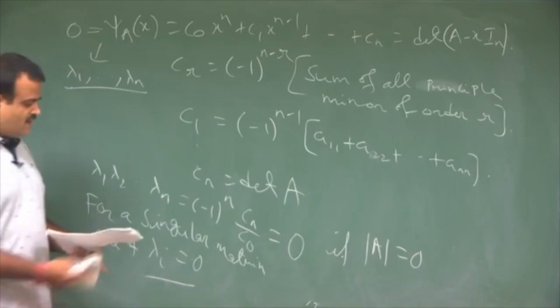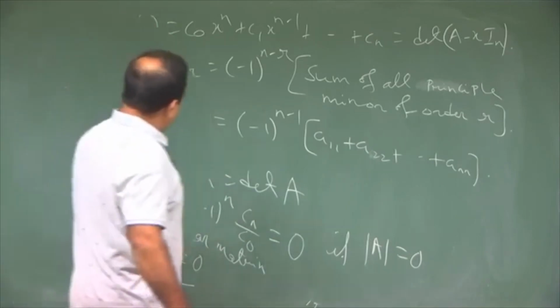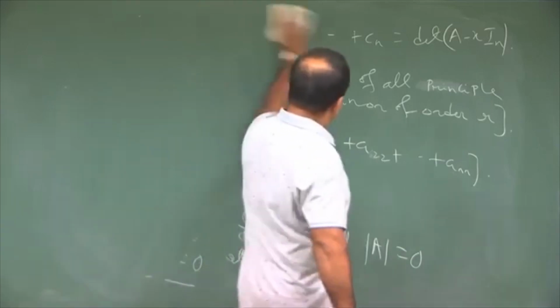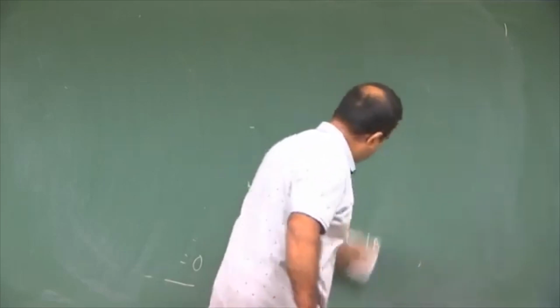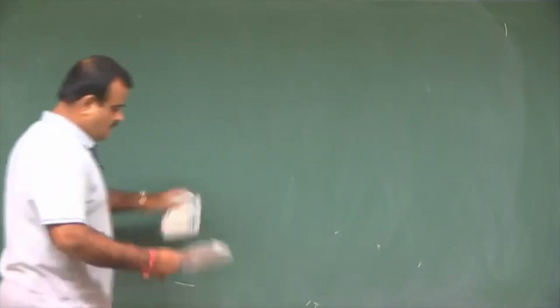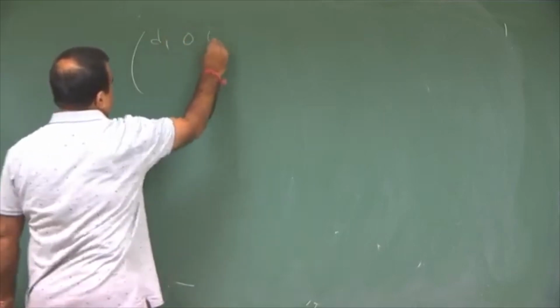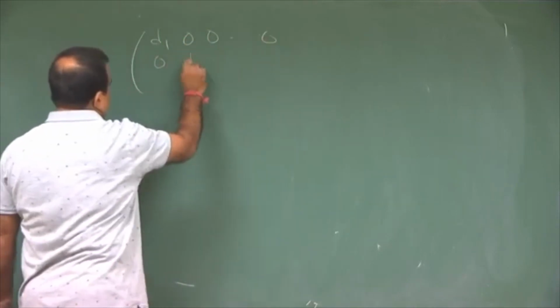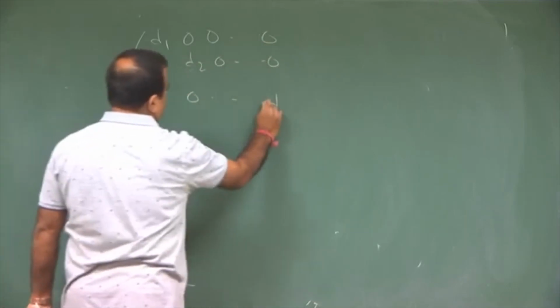Now, if you have a diagonal matrix, then what are the eigenvalues? Say you have a diagonal matrix with d 1, d 2, up to d n on the diagonal, and zeros elsewhere.